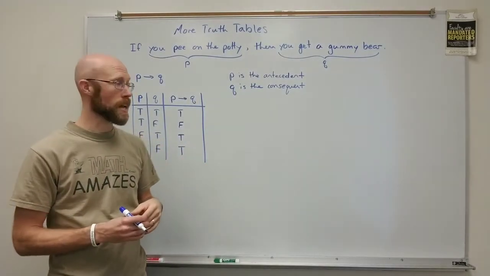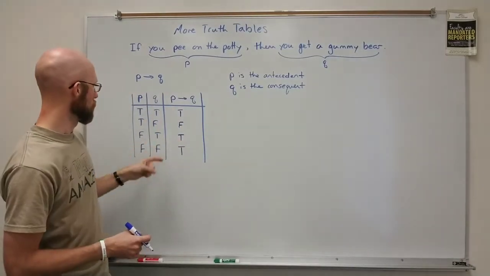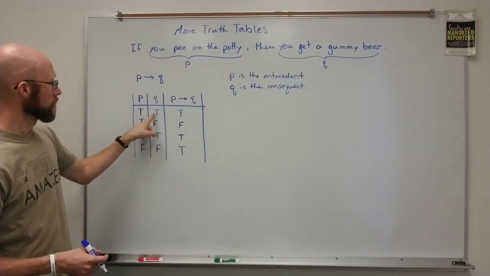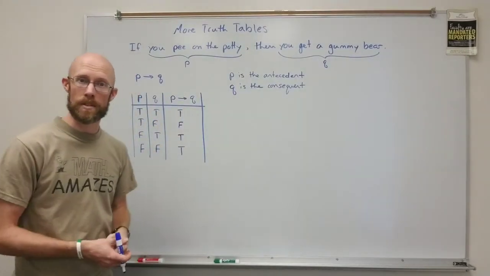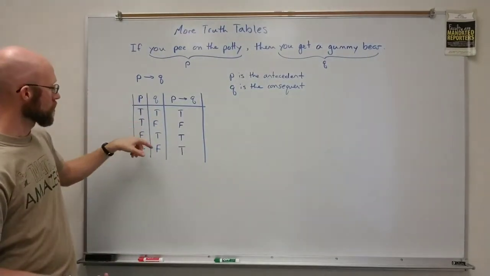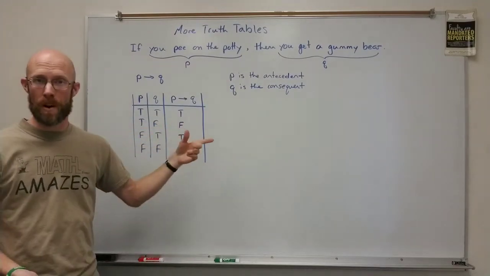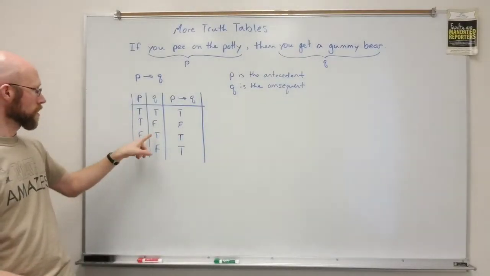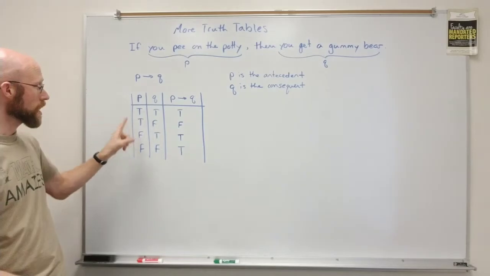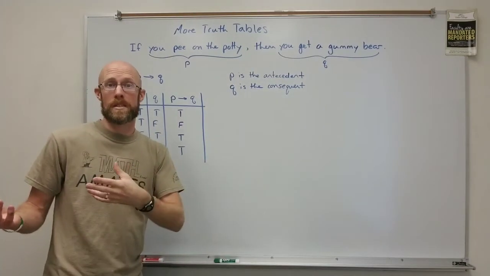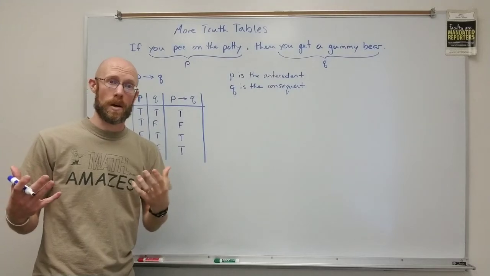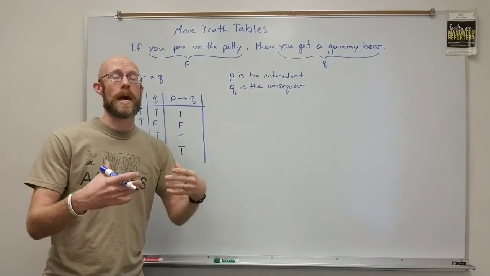So then you can set up a similar truth table. If the sky is dark, then it rains, you get a true statement. If the sky is dark and it doesn't rain, then the statement was false. If the sky is light and then it rains, well, the original statement was still true because it doesn't say anything about what happens when the sky is light.